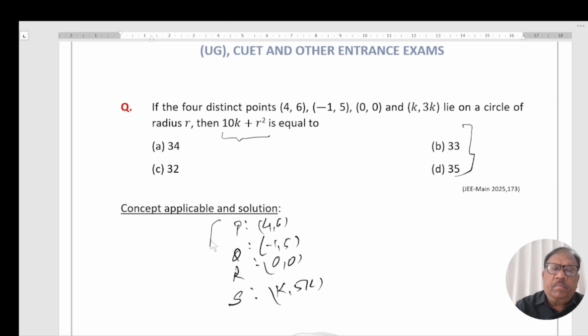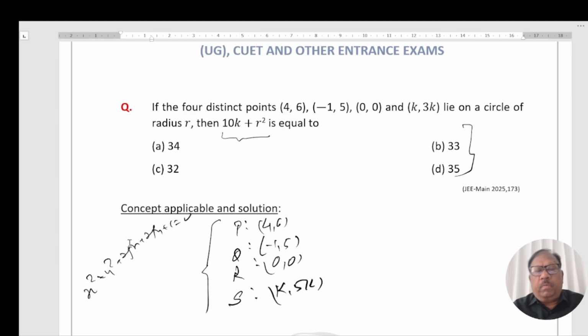One method is to consider general equation x square plus y square plus 2gx plus 2fy plus c equal to 0. Pass it through 3 points, find the values of g, f, c, then it will satisfy this equation, find the value of k, find the radius, direct answer is there. Right? One method is this.